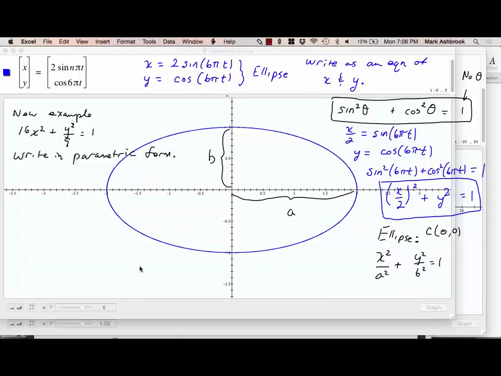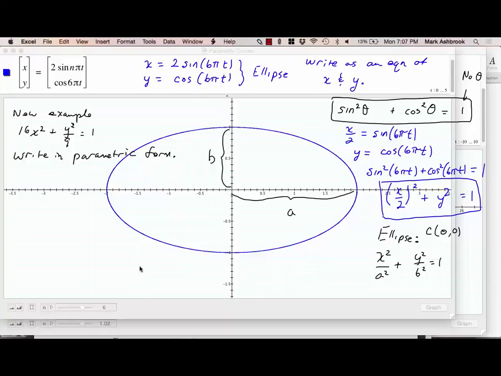Is your theta going to be t? No. How can I give you a hint?